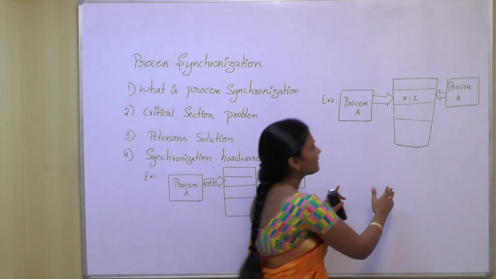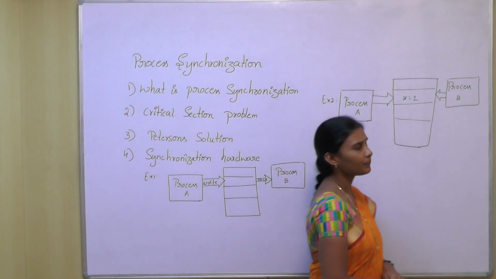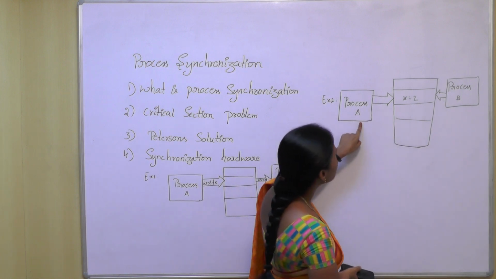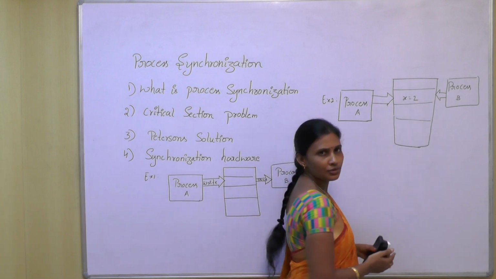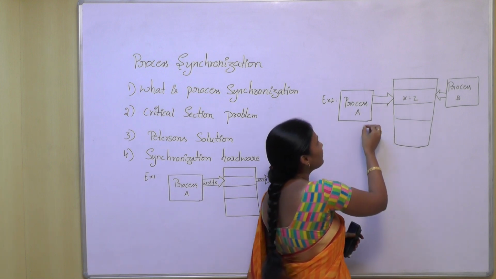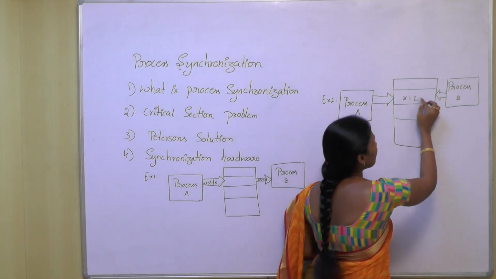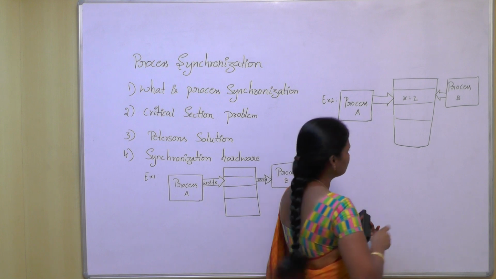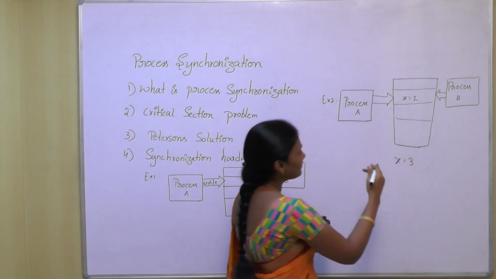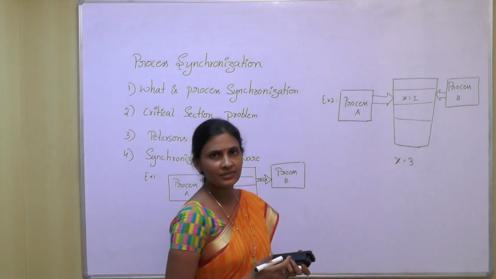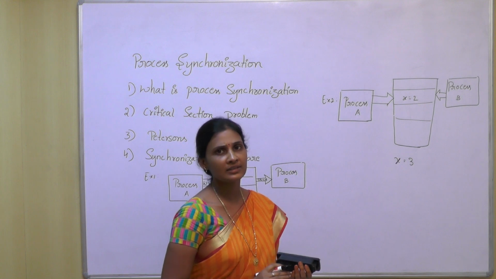Let us see another example, again process A and process B. Here process A updates x equals 2. At one point of execution of process A, process B updates x equals 3. Now, based on the execution of the instructions, the final result depends on the order of execution of the instructions.